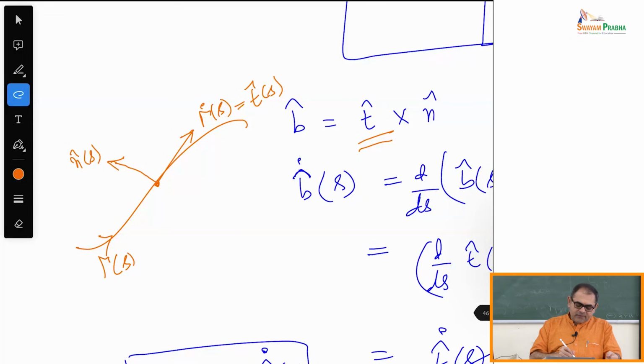And then we have the so-called binormal. The binormal is b hat of s, and this is defined so as to be a unit vector, so that t cap, n cap, b cap in that order form a right-handed system. What this means is that this angle is 90, this angle is also 90, and so is this angle.